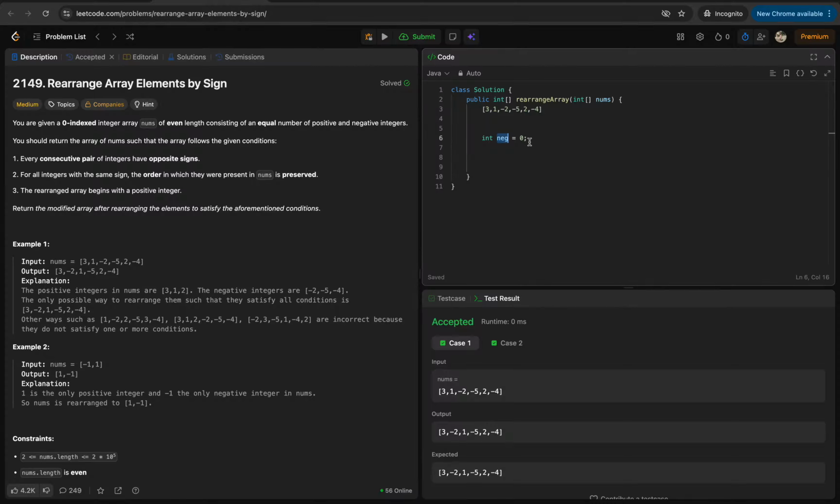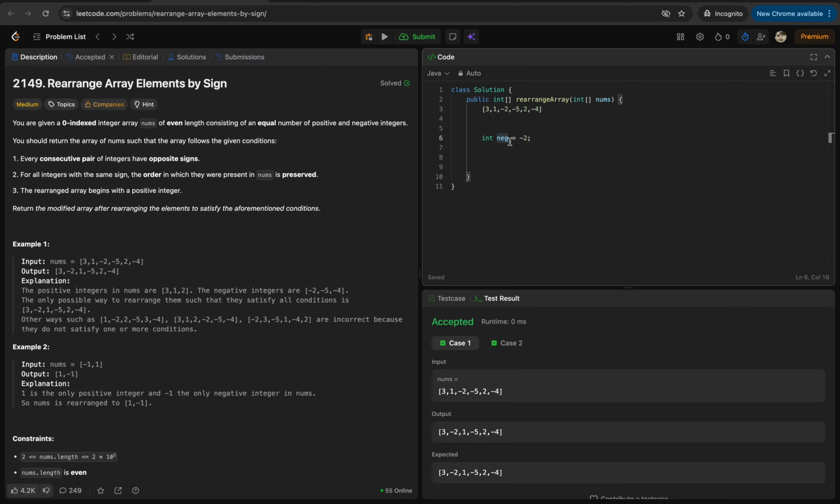We will not update negative until we find a negative value. So we'll keep iterating. We find a negative, so the negative index will be 2. Again we find a negative, we will not do anything. Then we find a positive, so we will swap this value with the negative index, and we will increment negative.